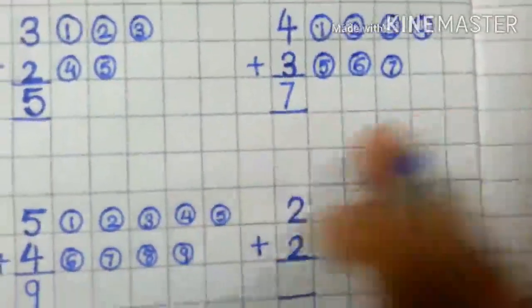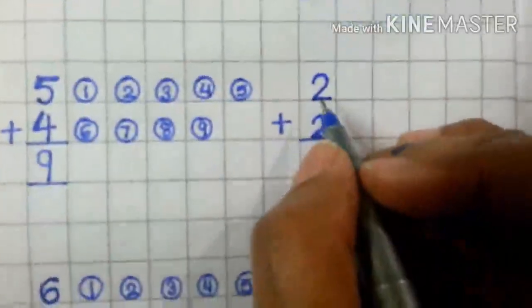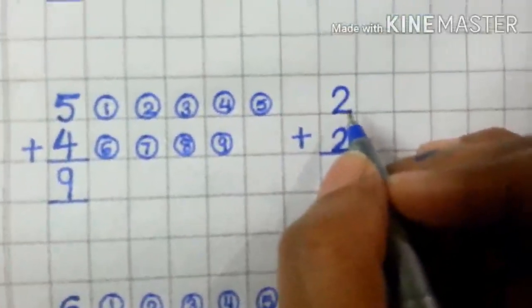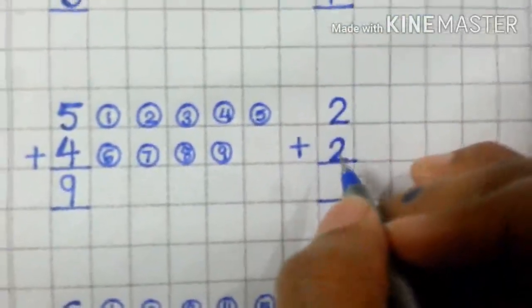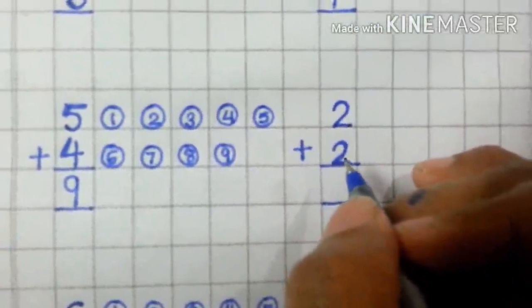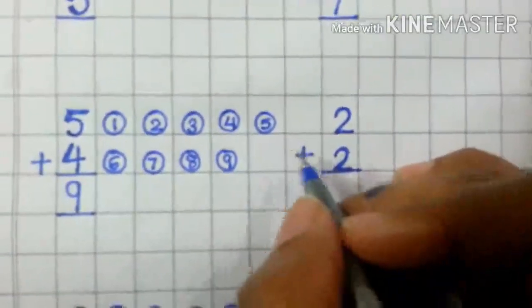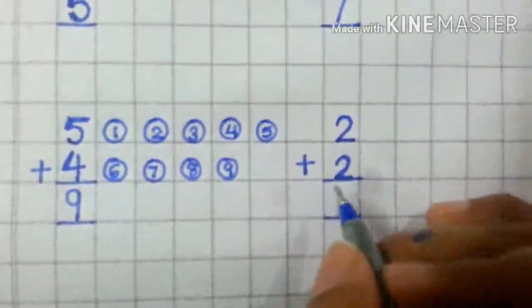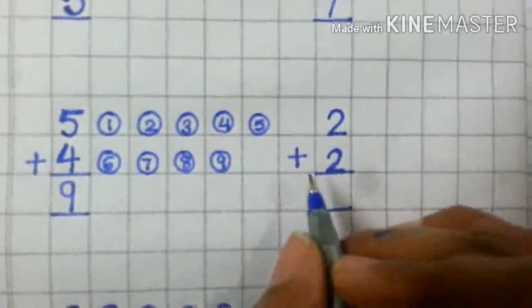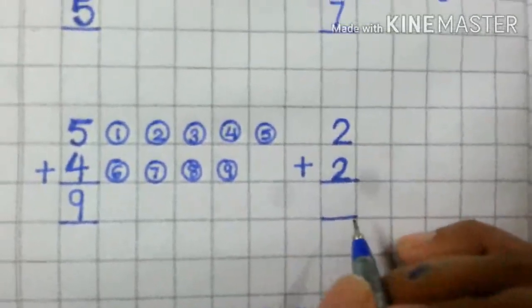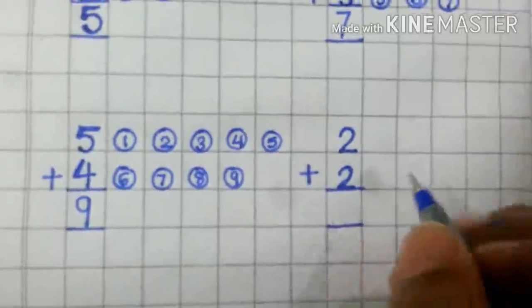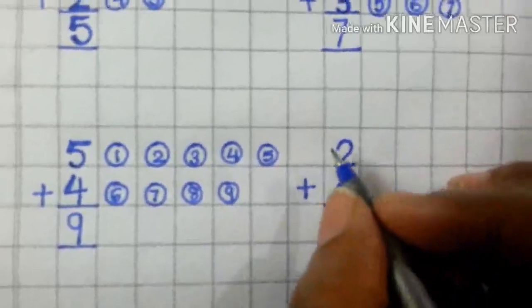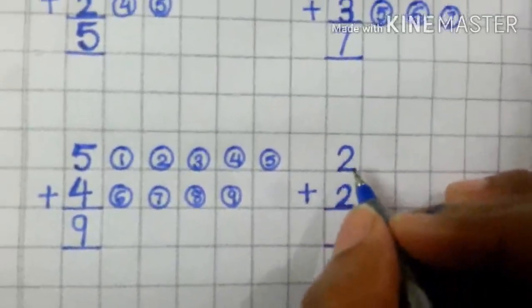Now leave 2 rows. Write the number 2. Then below 2 write 2 again. Then draw the sign of addition. Then draw top and bottom lines. Now we will solve this problem. Here number 2.